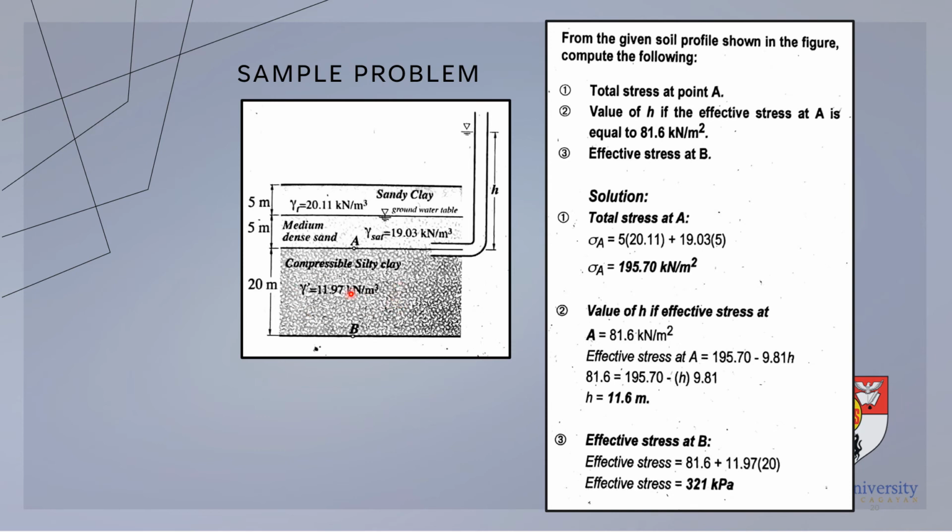So kani siya diretso na lang nimo ni siya og multiply sa kaning height niya. Kung given ka og gamma prime, sorry, dili siya gamma bar, that is gamma prime. So kung tagaan kag value sa gamma prime such as this one, diretso ra nimo na siya multiply sa kani, plus the effective stress at this point. So that is equal to 321 kPa.